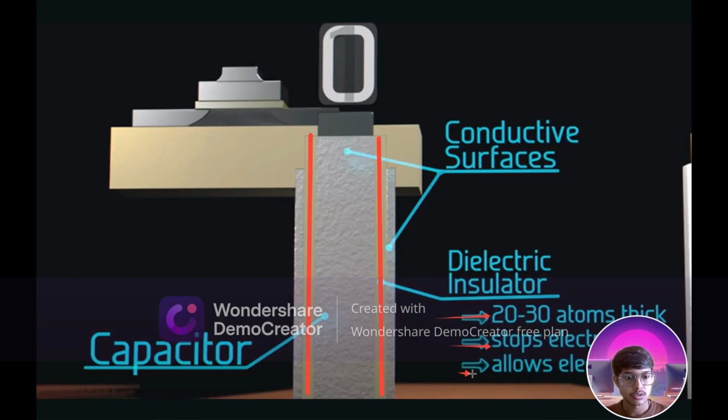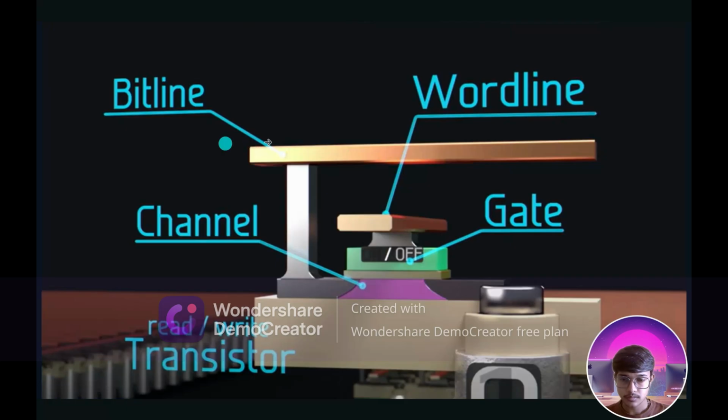These other two are conducting surfaces of the capacitor. In the previous slides we have seen bit lines and word lines. So here I have given you a magnified image, in which these vertical and horizontal lines represent bit lines and word lines. This is the channel and this is the gate, used to switch our capacitor on and off.